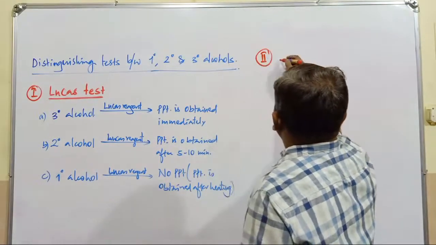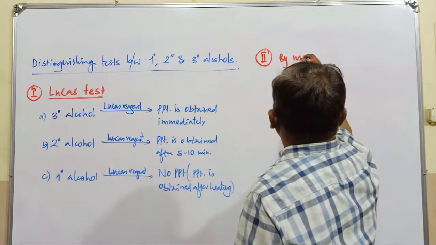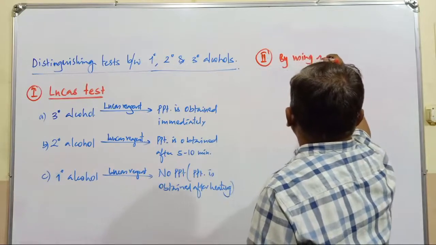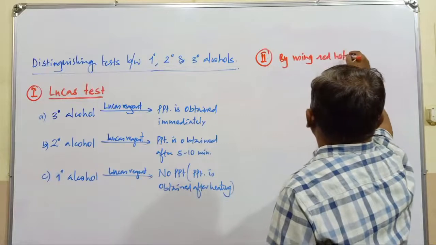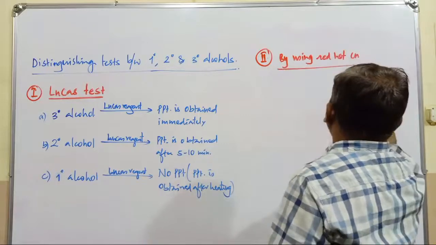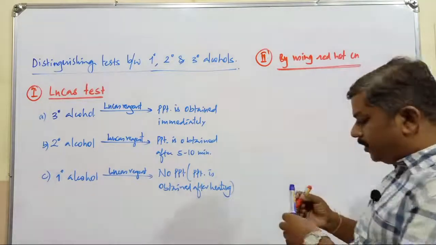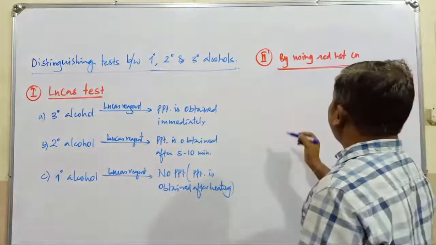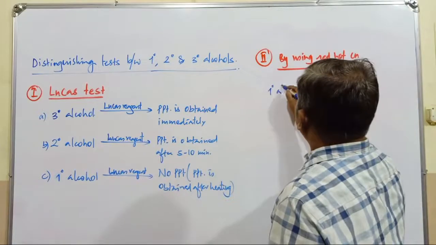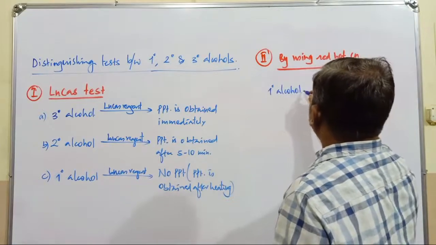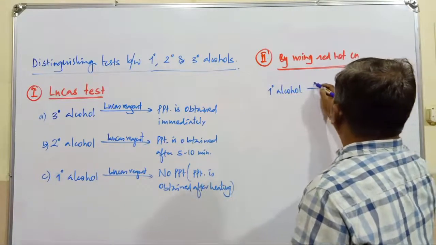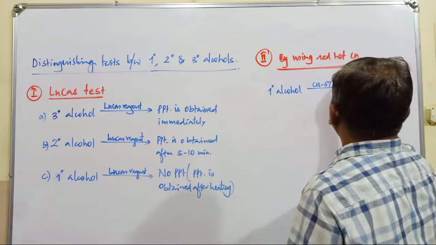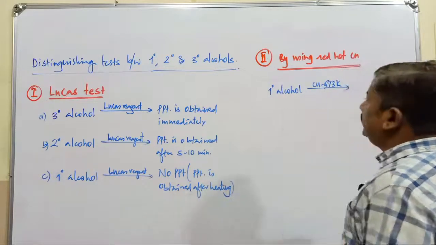Second one, by using red hot copper. This one also we have completed as an oxidation reaction by using red hot copper. What is the observation? If it is a primary alcohol, vapors of primary alcohol are passed over copper at 573 Kelvin.